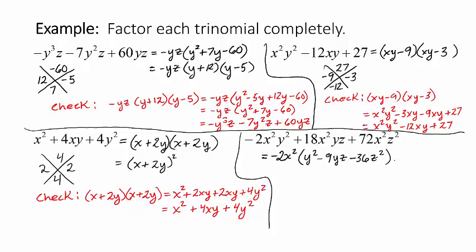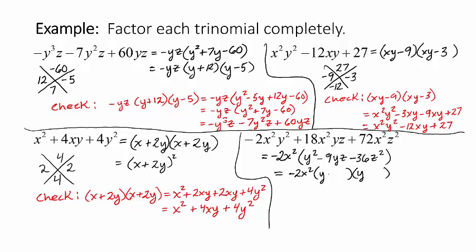Okay, so now the trinomial that we have to factor looks a lot like the previous example that we did, right? So I've got negative 2x squared, don't lose that GCF, and then I have to factor this trinomial into the product of two binomials, if it'll go, right? So y times y is y squared, and now I'm looking at that last term, it's minus 36z squared.